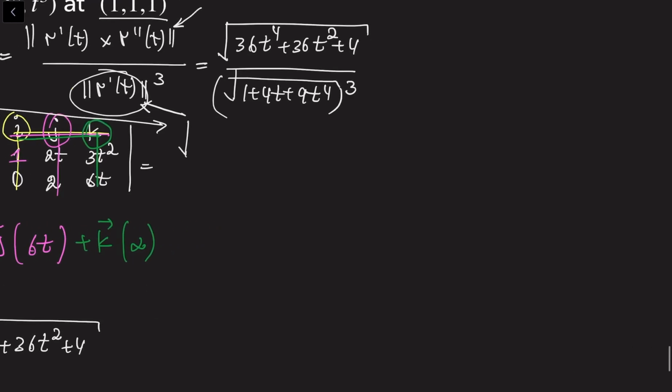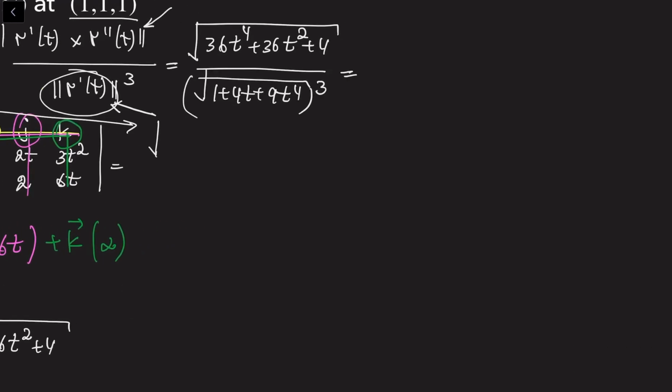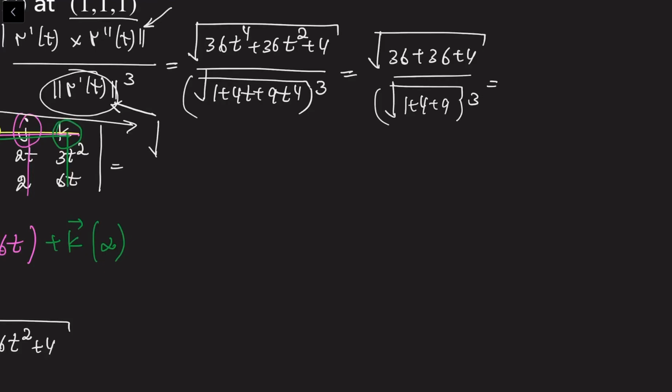Good. So we are just going to substitute t equal to 1 here. It's going to be 36 plus 36 plus 4 under the square root. And here we're going to have 1 plus 4 plus 9 cubed. It is going to be equal to the square root of 76 divided by 14 to the power of 3 over 2. So this is the curvature of this vector function at this point. So these are all the problems on the quiz for the vector functions.